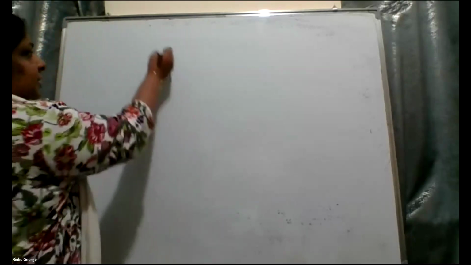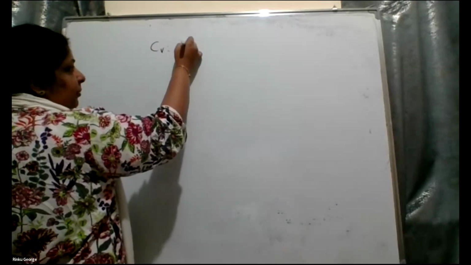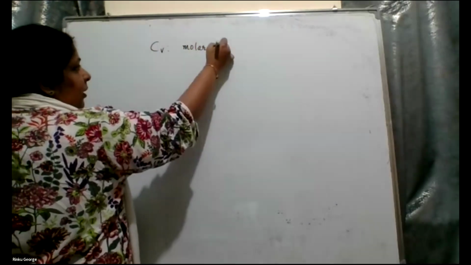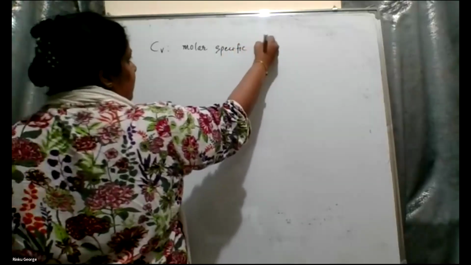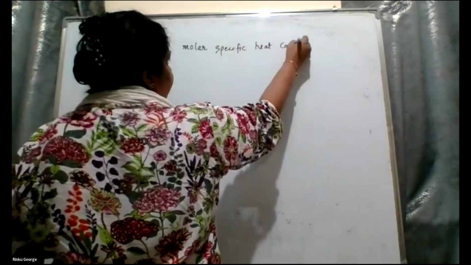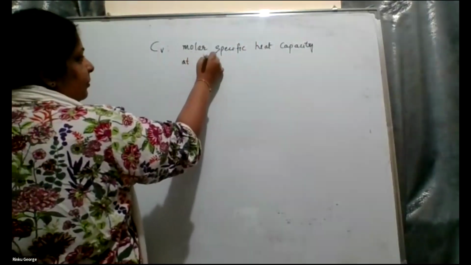Now, you write CV, molar specific heat capacity at constant volume.